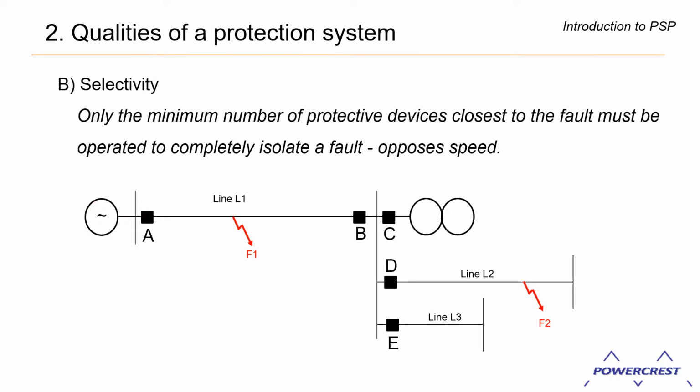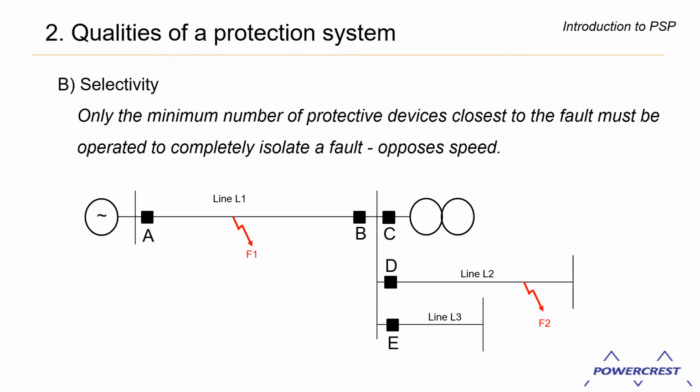Right. If there is only one source at A, we could even say that only A needs to operate, B not necessarily. If there's a fault on line 2 at F2, right, we would want D to operate and not A or B or C or E. Right. D is the closest, and so in order for selectivity to be maintained, only D needs to operate for the fault F2.